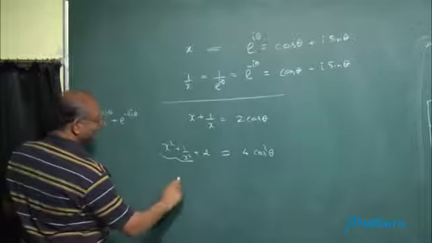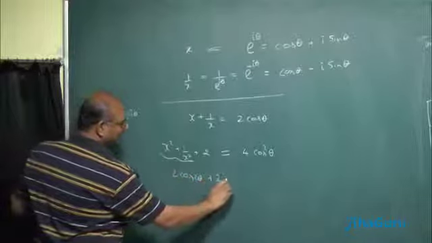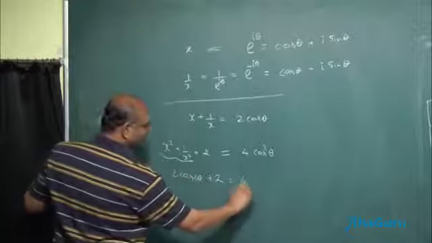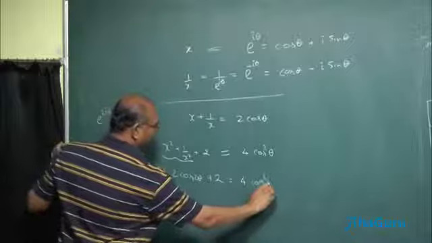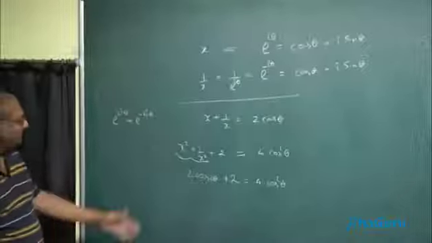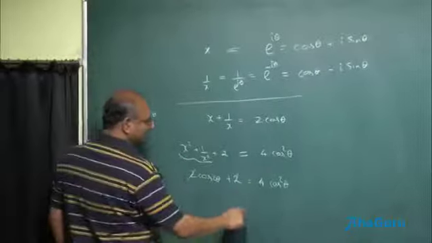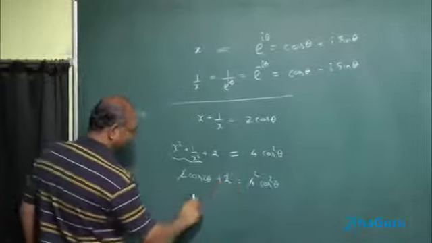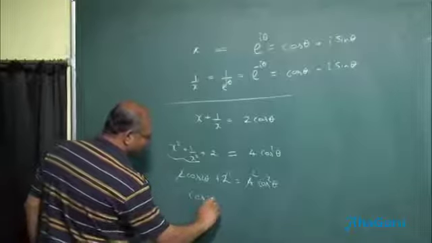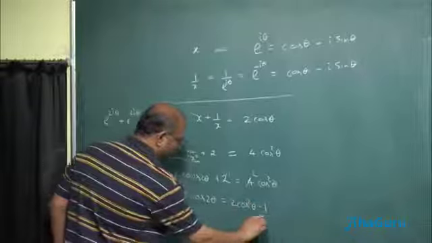So this is 2 cos 2 theta plus 2, which is 4 cos square theta. So that gave us a formula for cos 2 theta. Just cancel out the 2, you're done. Cancel this out, cancel that out. That becomes 2, this becomes 1. So we've got cos 2 theta is 2 cos square theta minus 1.